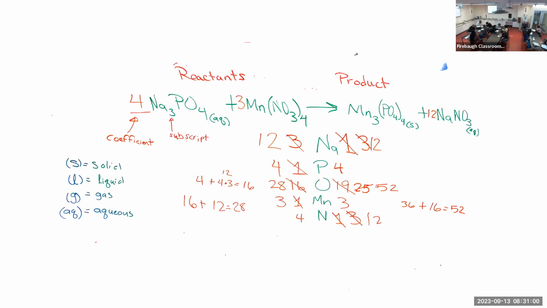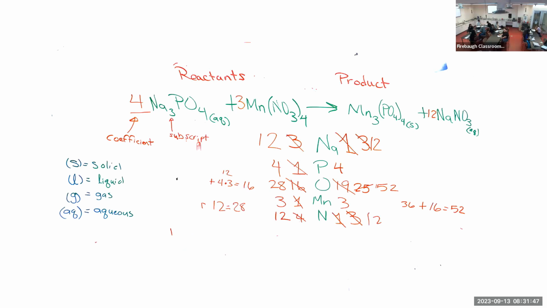How many nitrogens do I have now? So right here we got 4 times 1, and then times 3. What is 4 times 1? 4, and then times 3, 12. Okay, so then how many oxygens do I have? So we have 4 times 3 times 3. So 12 times 3, 36.